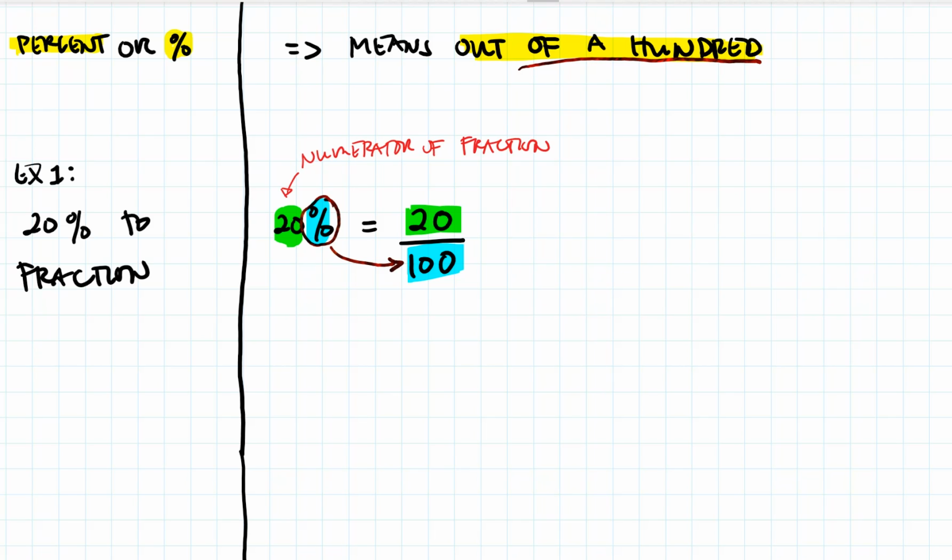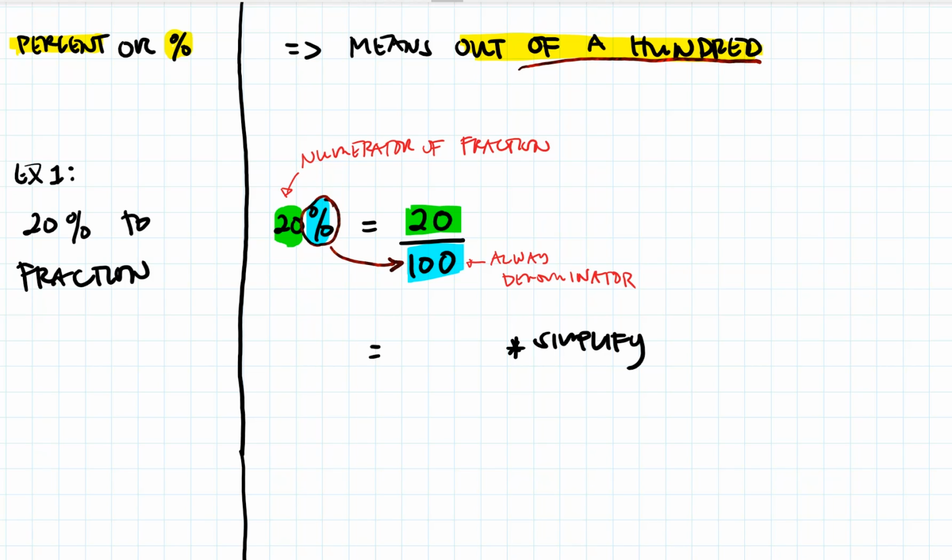So this will always be the denominator. Always denominator. Okay. And then you need to simplify your fraction.